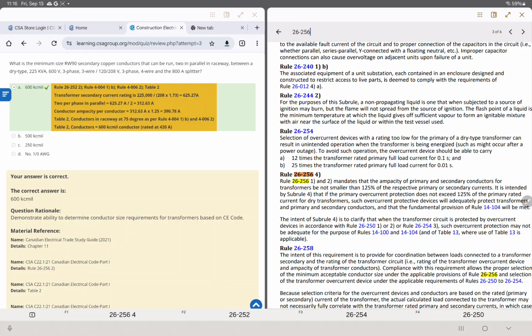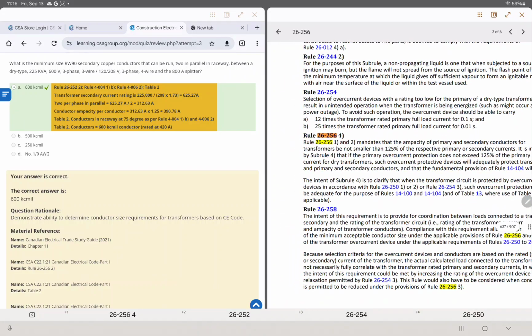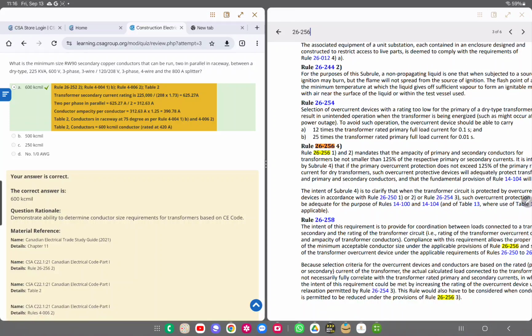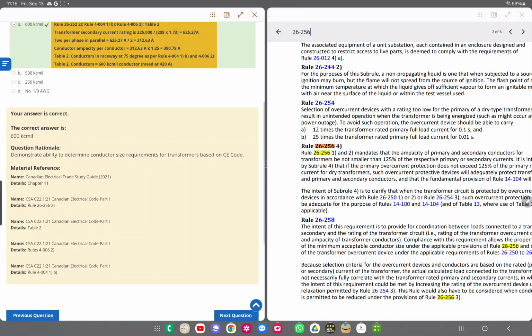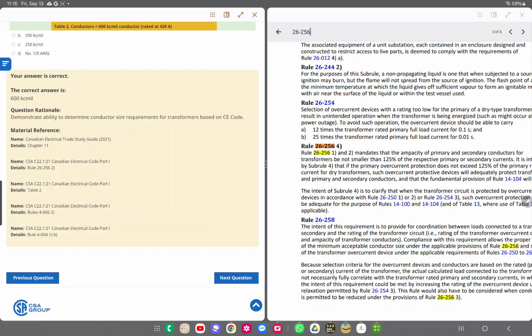It is intended by Rule 4 that if the primary overcurrent protection does not exceed 125% of the primary rated current for dry transformers, such overcurrent protective devices will adequately protect transformers and primary and secondary conductors, and that the fundamental provision of Rule 14-104 will be met. So, like anything else, anytime you're looking for conductors, most of the time CSA approved is 1.25.